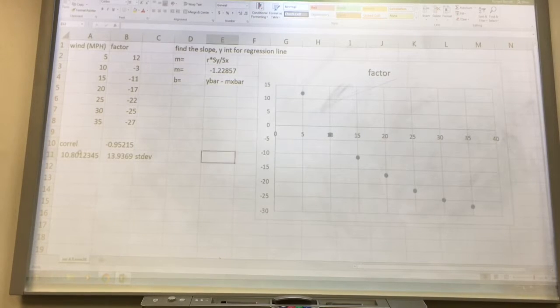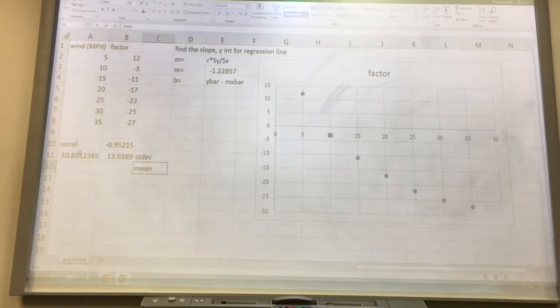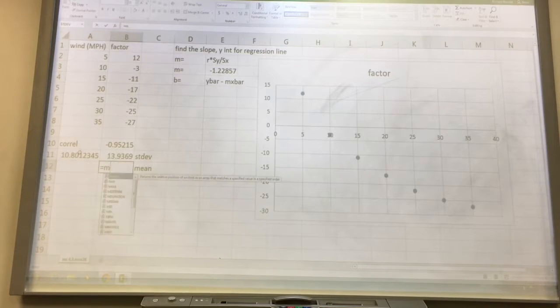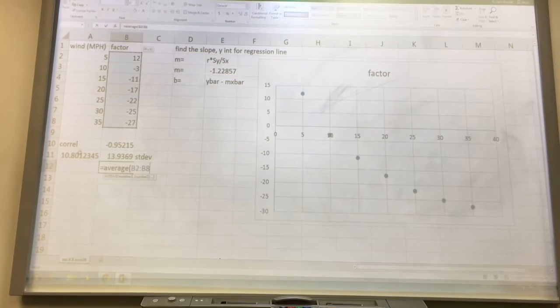So I need my y bar and my x bar, which are the means, the mean of each of these.